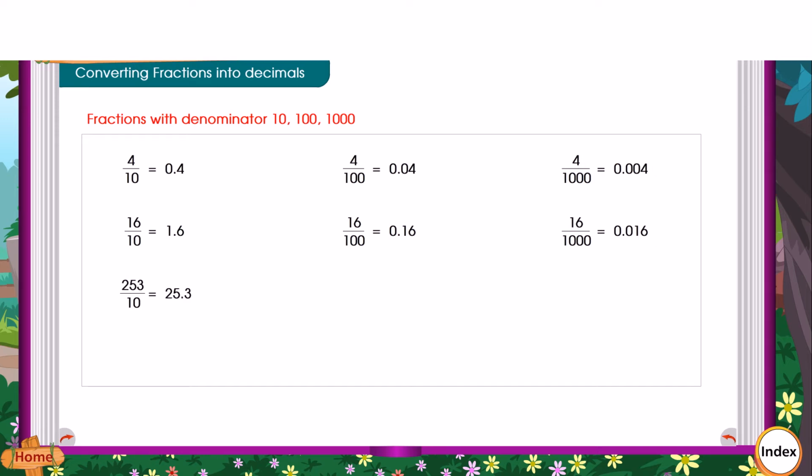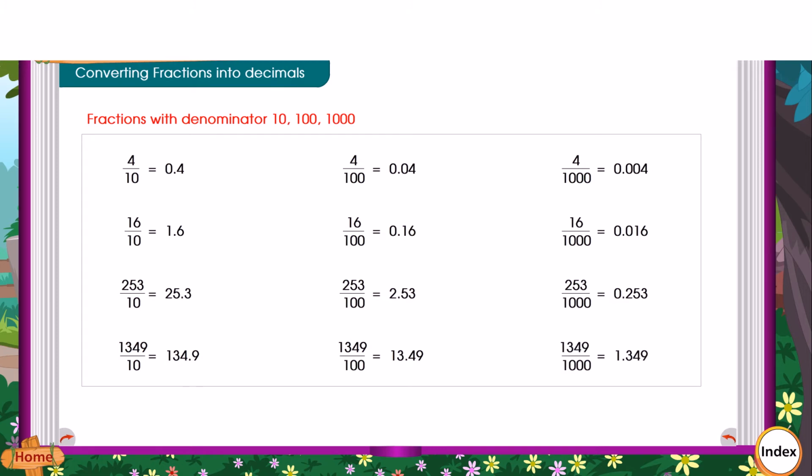253 by 10 is equal to 25.3. 253 by 100 is equal to 2.53. 253 by 1000 is equal to 0.253. 1349 by 10 is equal to 134.9. 1349 by 100 is equal to 13.49. 1349 divided by 1000 is equal to 1.349.